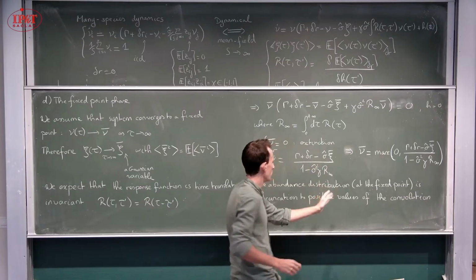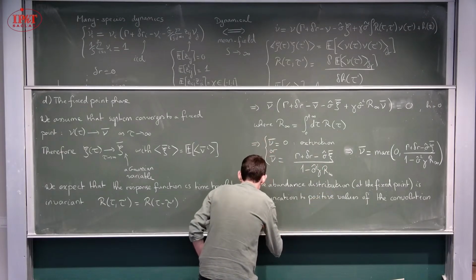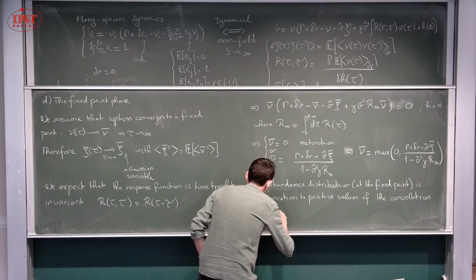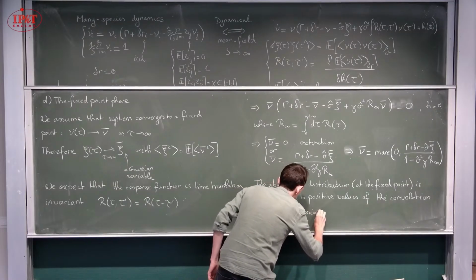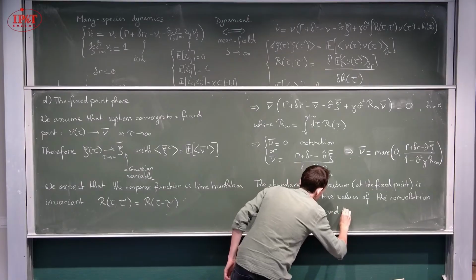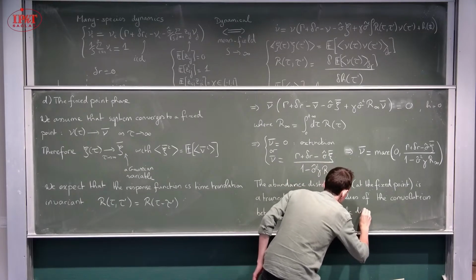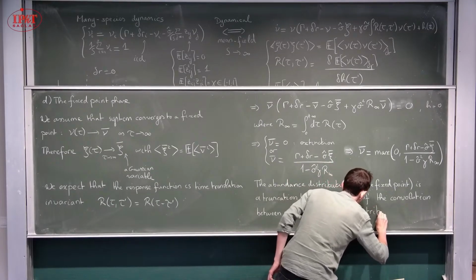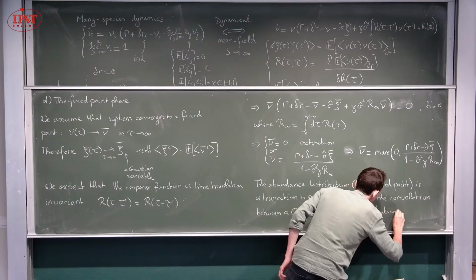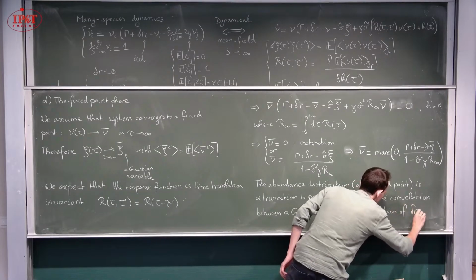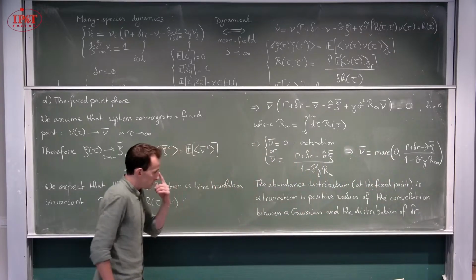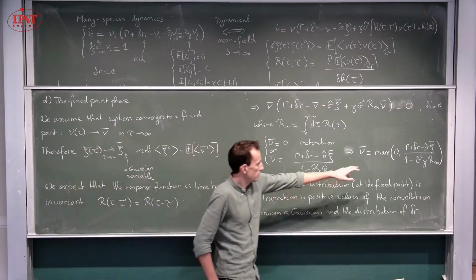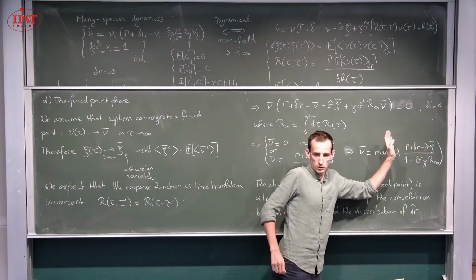So it's the truncation of the convolution between a Gaussian and the distribution of delta r. In that sense, the distribution that you get is non-universal because it explicitly depends on the distribution of the disorder.